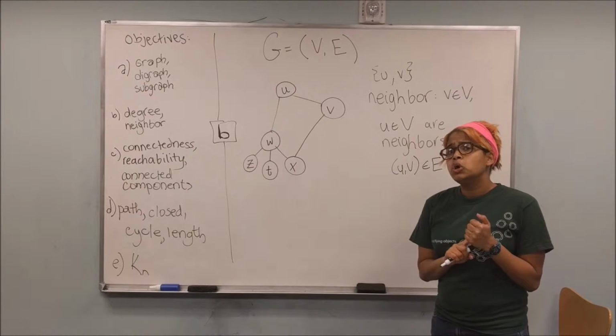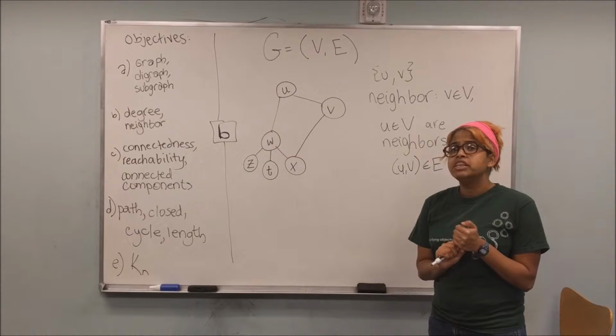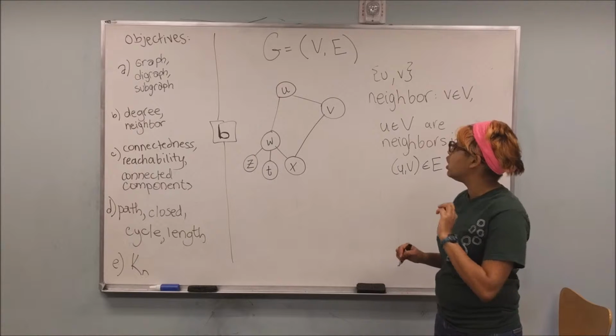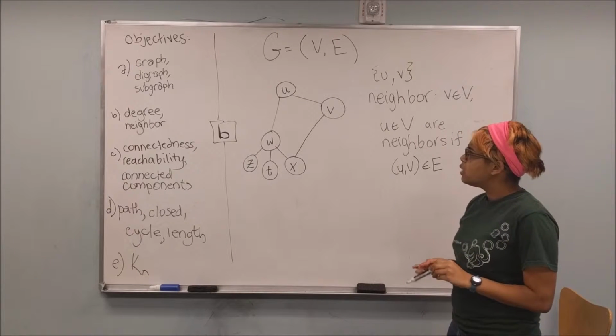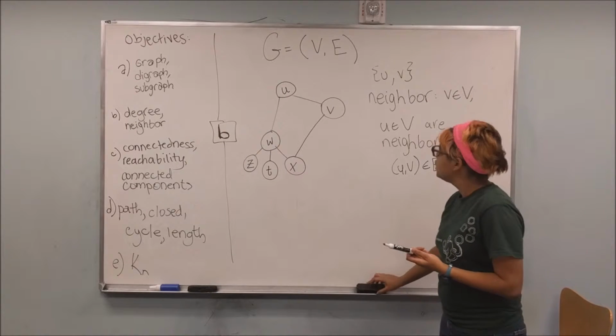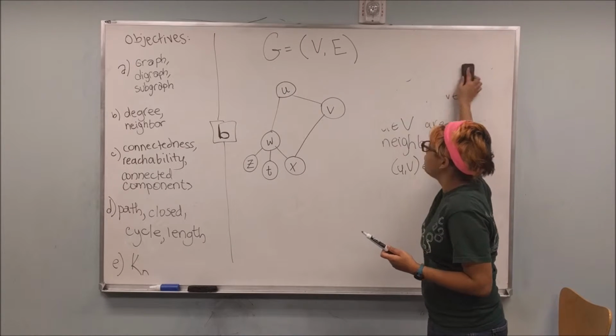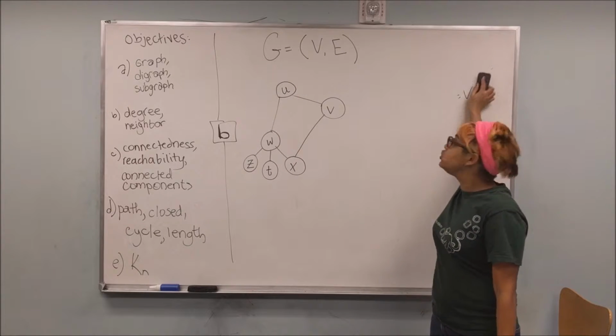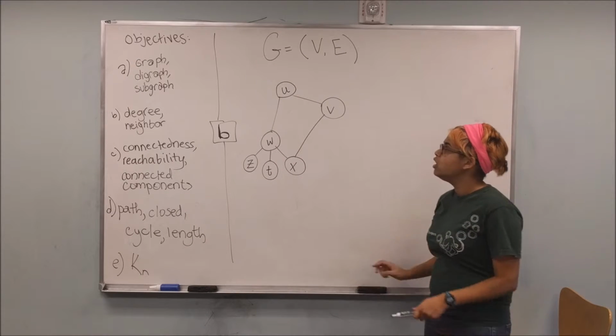So now that we know what the definition of neighbor is, we can talk about the definition of degree. I pointed out that U and V are neighbors, U and W are also neighbors, and so you might say U has two neighbors, in other words, it has a degree of 2.